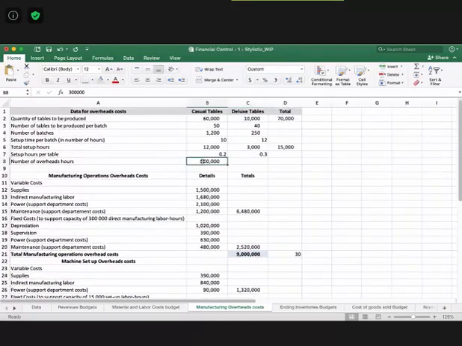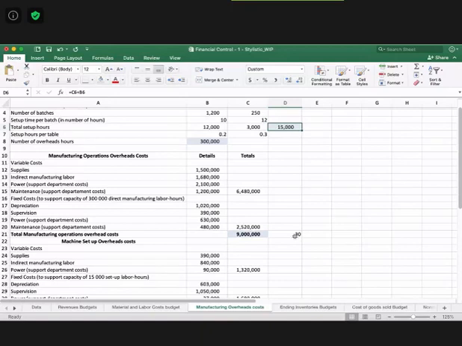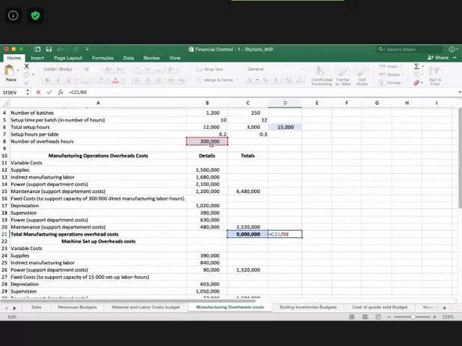We identify the number of labor hours and the number of setup hours, okay? And so we can calculate directly the cost per unit. 9 million divided by 300,000, so that's $30.